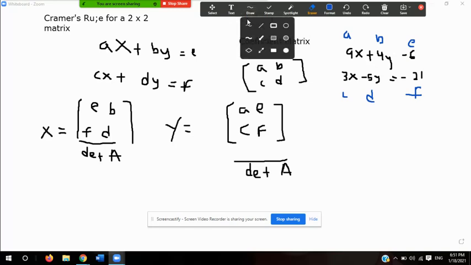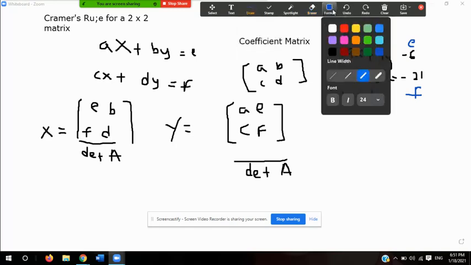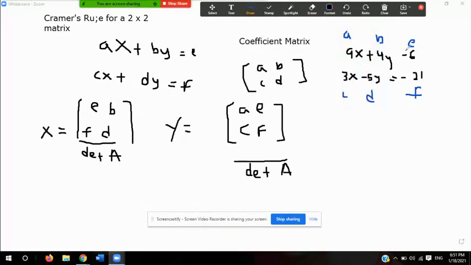Okay, let me go ahead and change the color. I took the liberty of starting the exercise. Whenever you have a system of linear equations with two equations, where you're going to get 2 by 2 matrices, it's always helpful to label them. So I know that this is a, b, c, d, and of course this would be e and f.